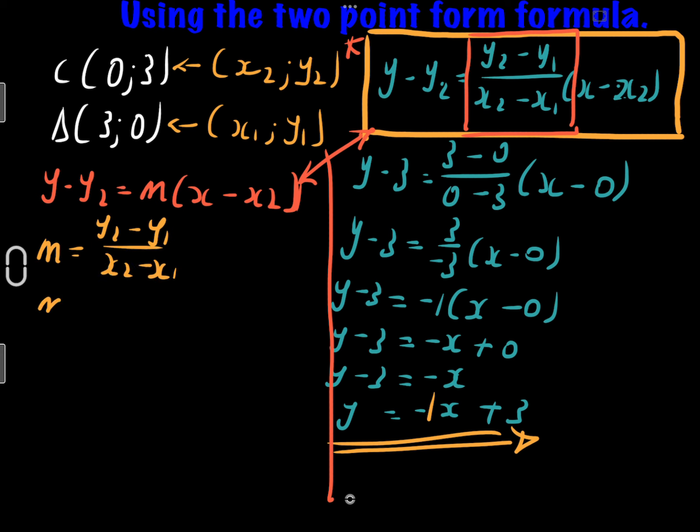So we have 3 minus 0 over, with x2 being 0, minus 3. So m is equal to 3 over -3, which is just simply -1. So that's our gradient. Hence we saw that especially there is the -1x.